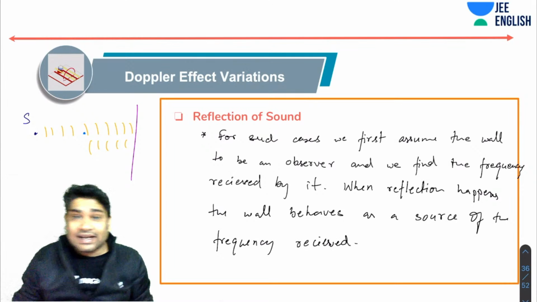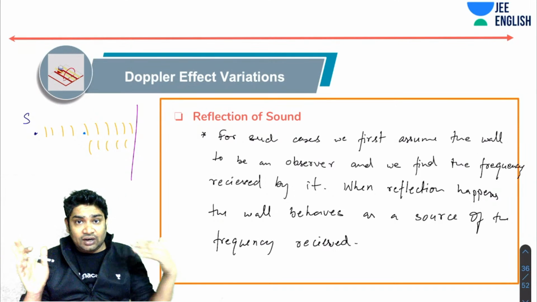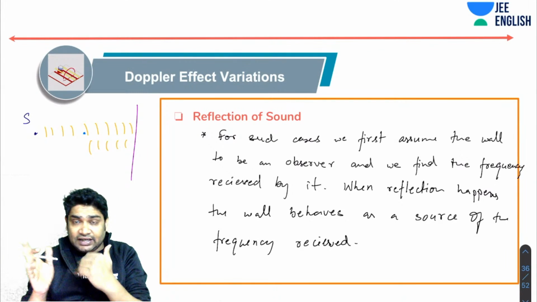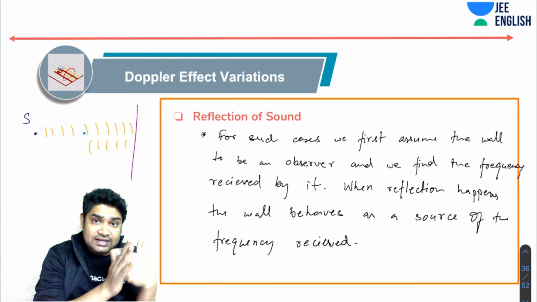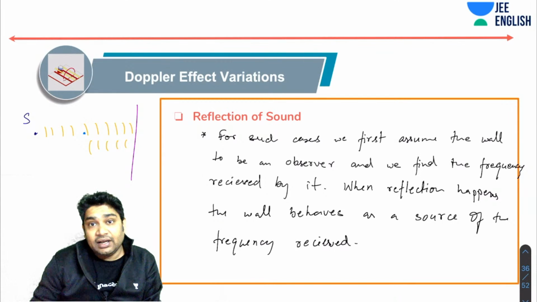So for the second part, now you have figured out what frequency it is receiving, and in the second part of the analysis, you will treat the wall as a source which will be emitting the frequency that it was receiving. So you will have to apply Doppler's equation two times.